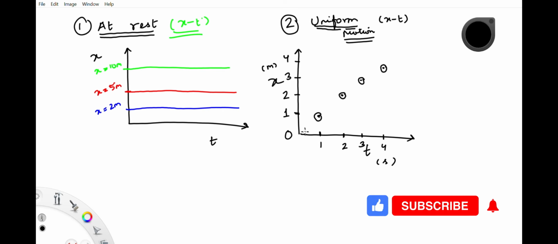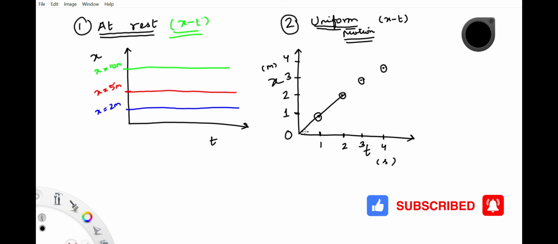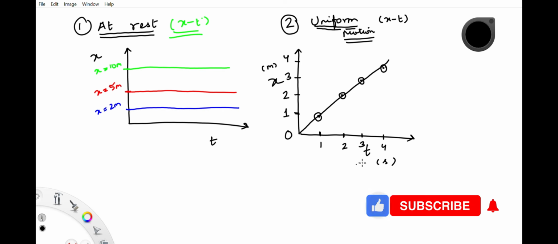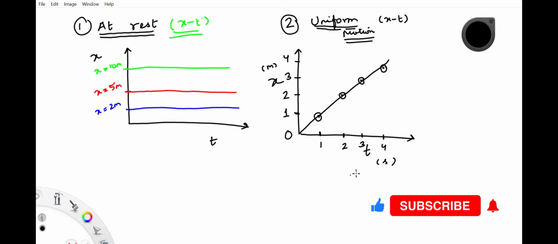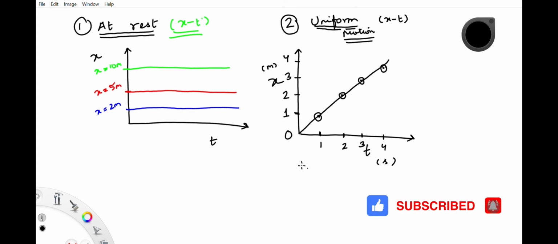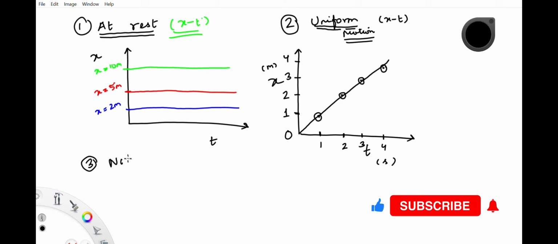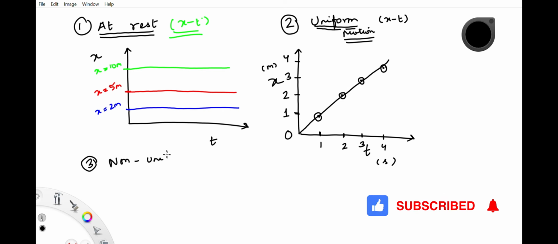So if I connect all these points, you get to see a straight line over here. So the position time graph for a body undergoing uniform motion is a straight line graph. Now let us have a look at the third case of non-uniform motion.